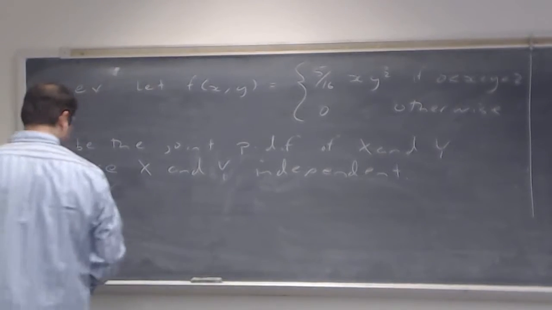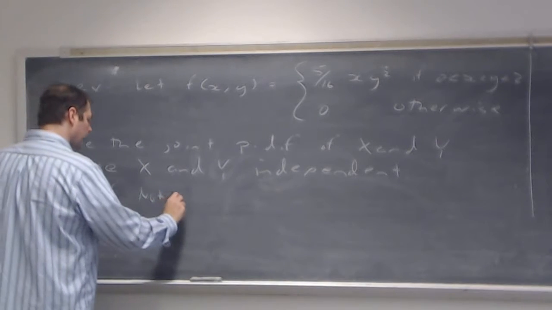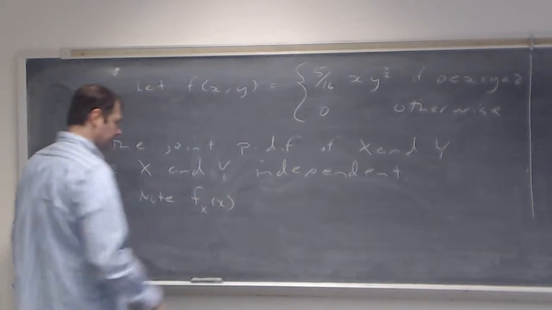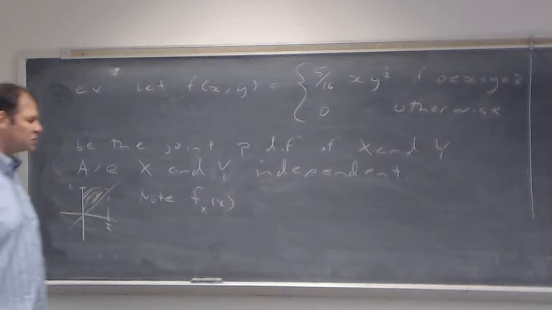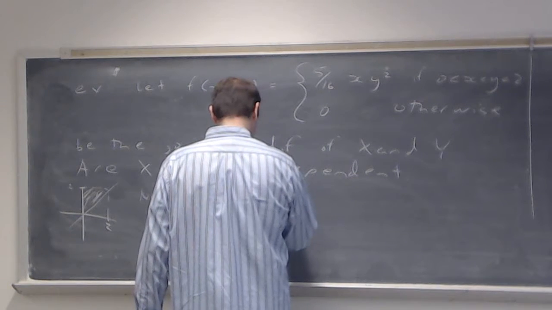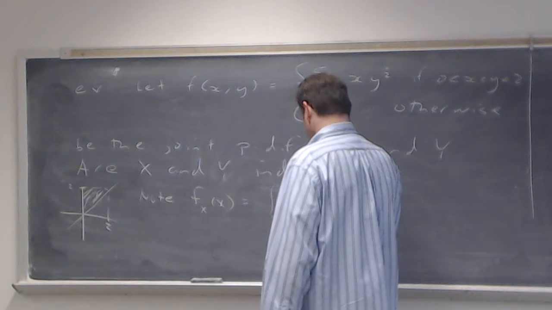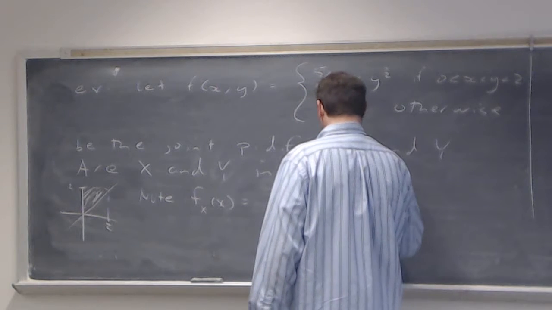So that's where we are. So here, we'll note that f sub x of x, the PDF of the random variable x, is supposed to be equal to the integral from minus infinity to infinity of the joint, dy.